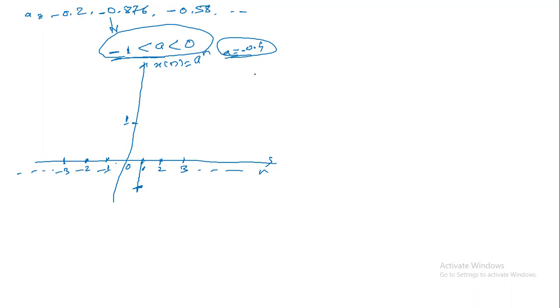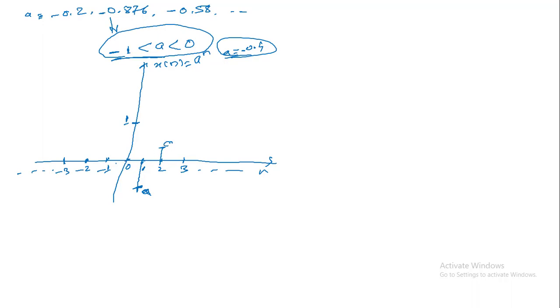When I'm taking a square, it will be minus 0.4 whole square, so it will be 0.16, which will be less than this a value.